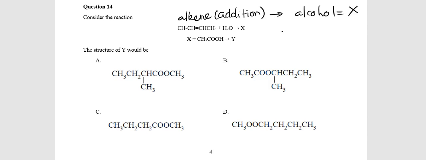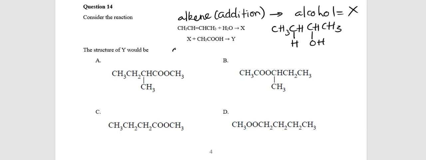You need to know which alcohol though. So I'm going to draw X very quickly. I hope I have enough room. We'll see. CH3, CH3. So one of these bonds is going to break, and you're going to have an H linked to one of them and an OH linked to another. In this case, it doesn't matter which is which, because you get an identical molecule regardless.